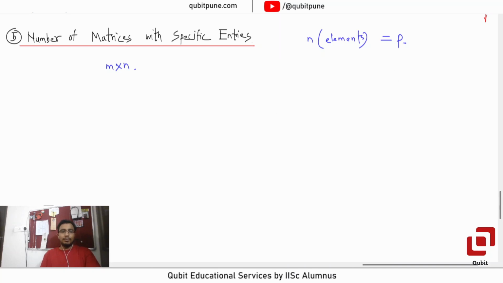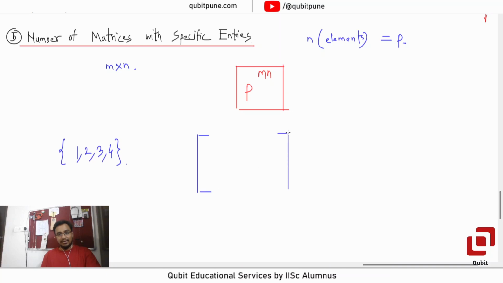The number of ways is p raised to mn. Why p raised to mn? You got the point. Okay, look. Suppose I want matrices which contain only 1, 2, 3, 4 as their entries, and suppose the matrix is of the size 7 by 8.